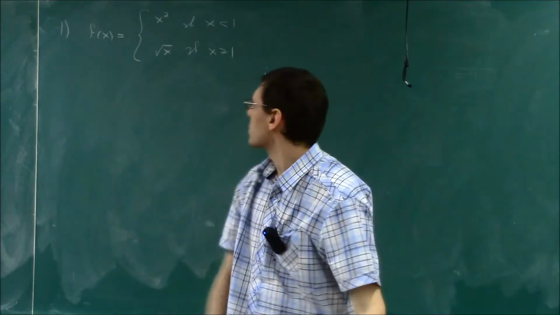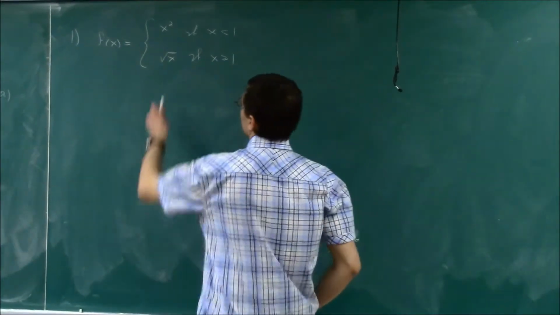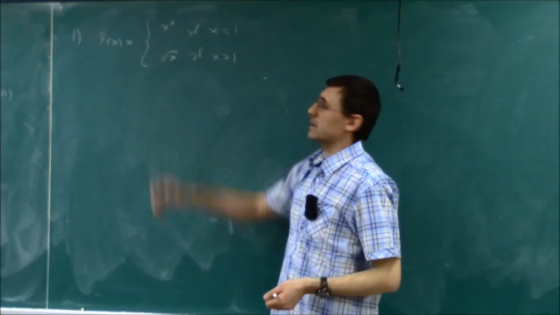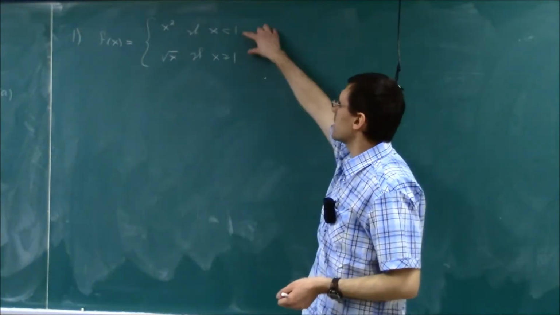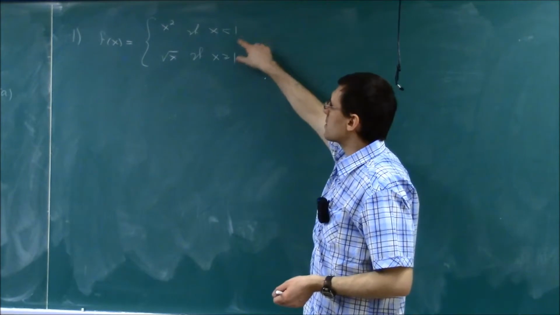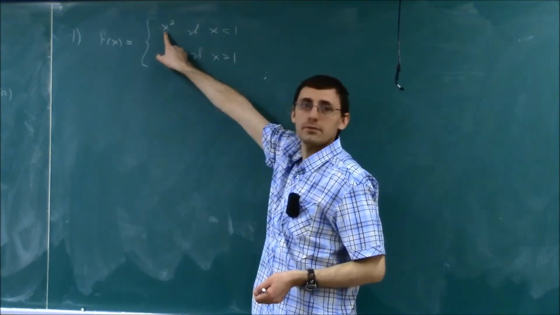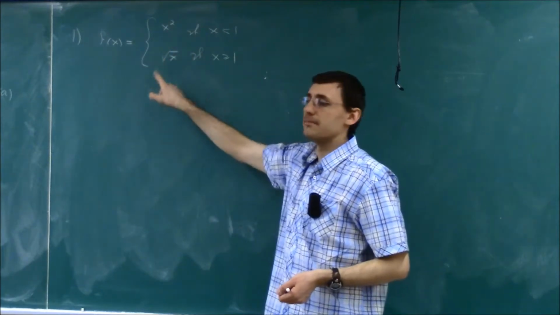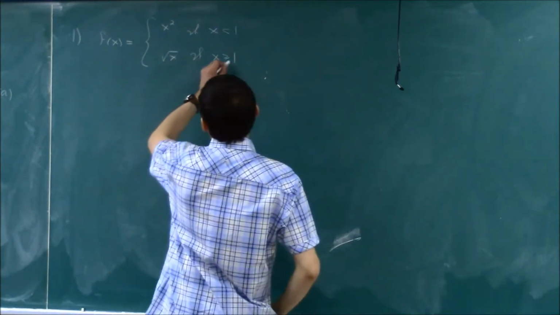Where is this function continuous? Well, you can see that the top piece is continuous by the limit laws, and the bottom piece is continuous by the limit laws. So the only place where you might have a discontinuity is where you jump from one continuous formula to the next, when you jump from one wire to another. So let's see what happens at 1.